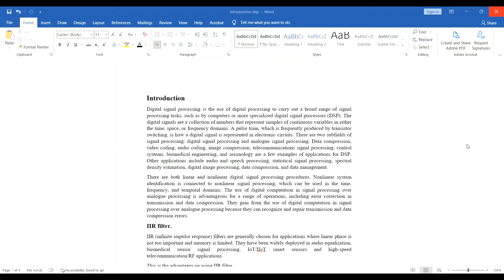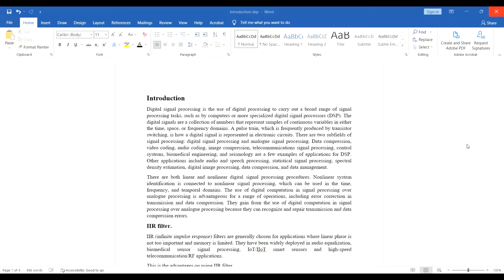The digital signal is a collection of numbers that represent samples of a continuous variable in either the time, space, or frequency domain. A pulse rate, which is frequently produced by transistor switching, is how a digital signal is represented in electronics. There are two subfields of signal processing: digital signal processing and analog signal processing.